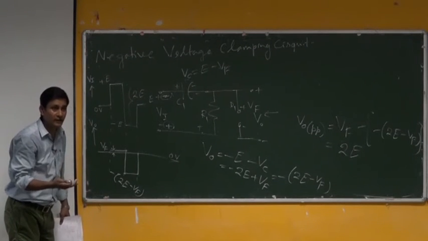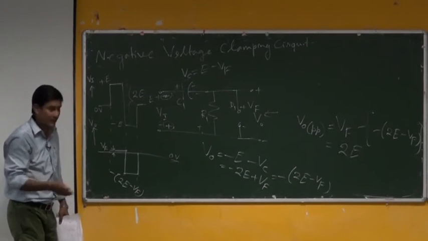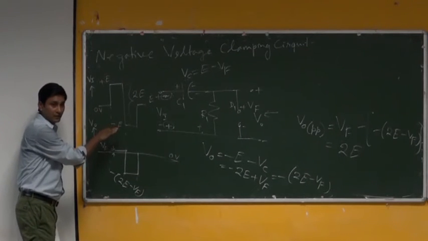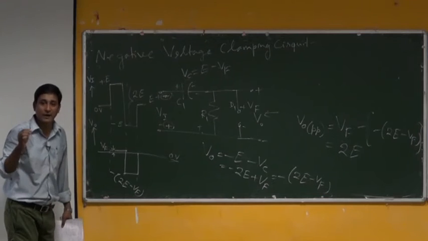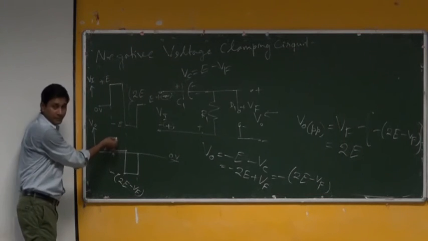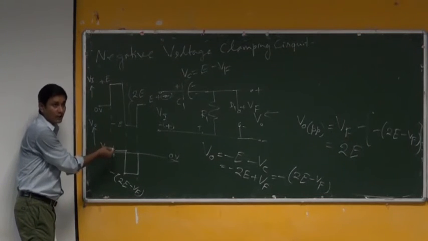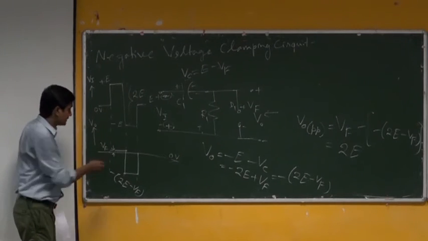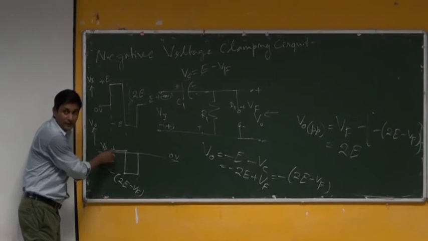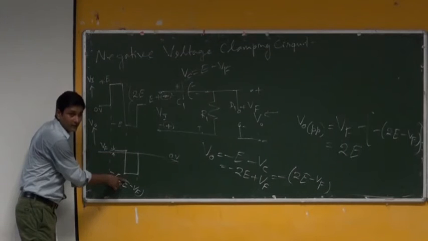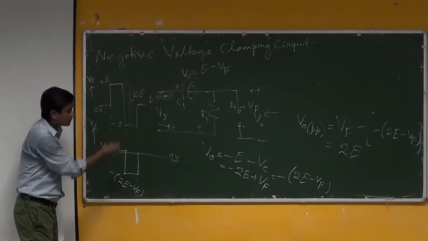In between, if I use another circuitry where I want the clamping level changed, I will make the circuit with some biasing, or I will use some circuitry where this Vf will be 0. If Vf is 0, what is the peak here? Minus 2E. So, it has gone to the top.